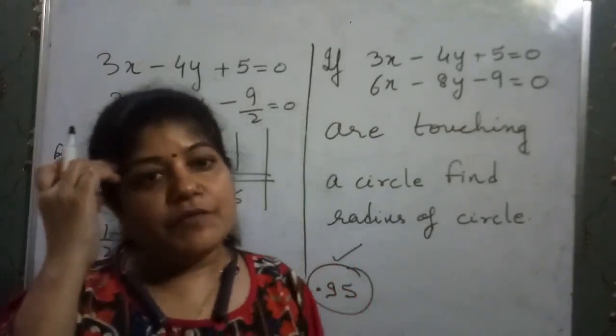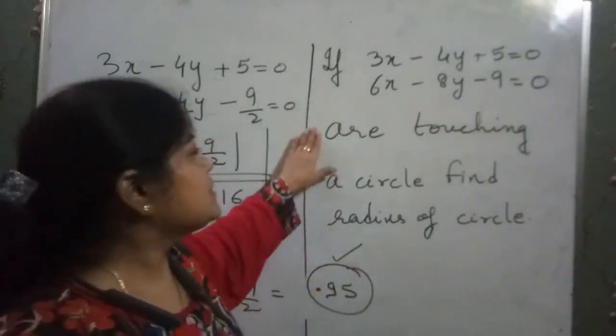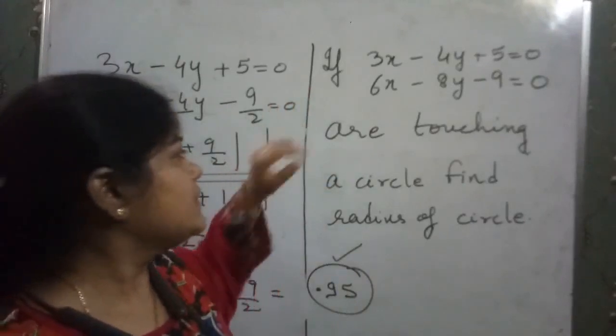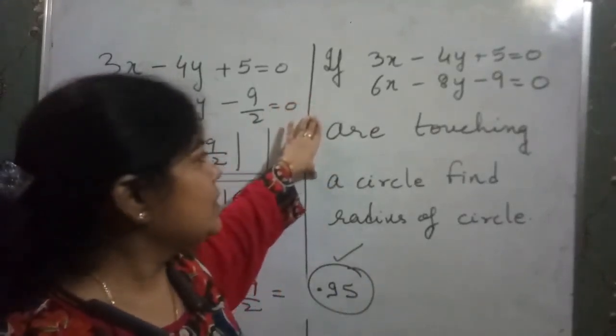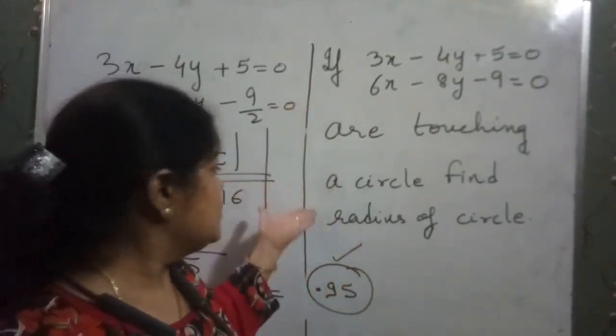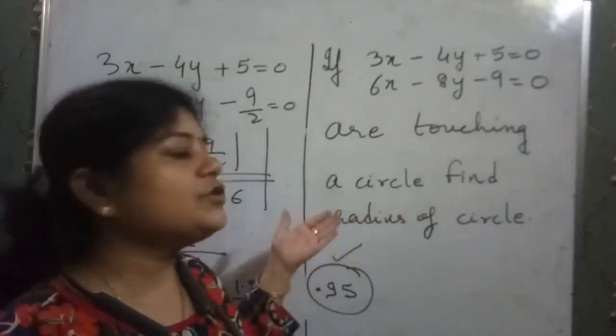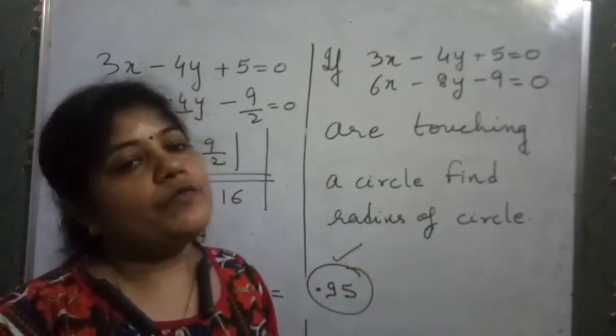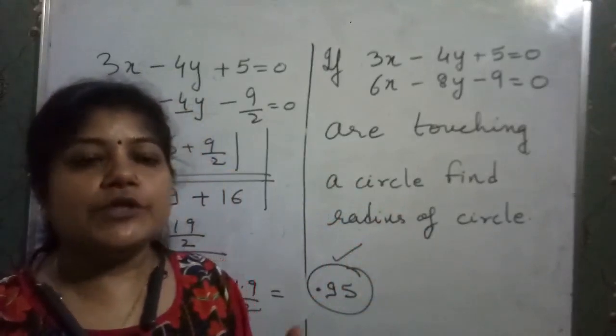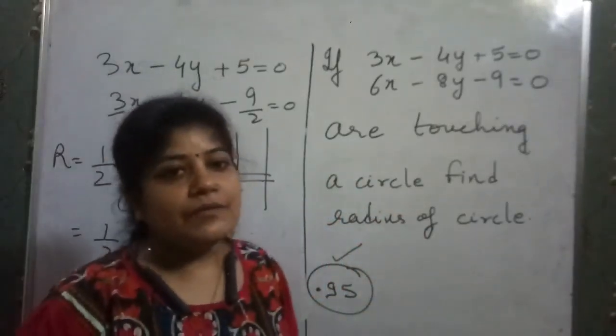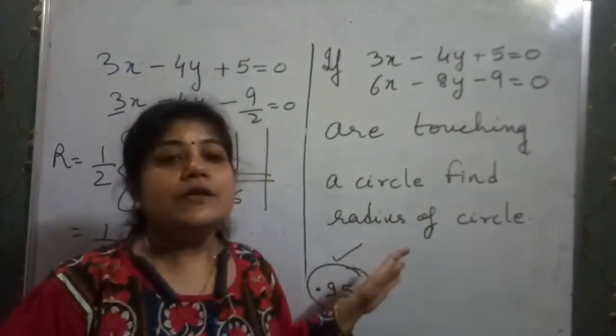So please watch that video. I will upload that video after a little bit of time. So this video is totally dedicated to how to find the equation of tangents for the circle. And this topic is very important.